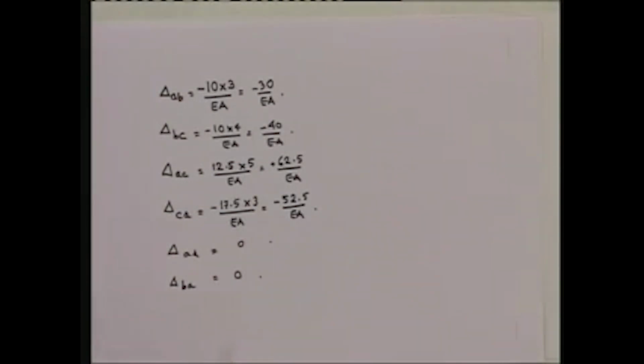Now, let me ask you this question. This is something that we always tend to forget about when we are doing structural analysis. Please note that you have to have dimensional consistency. Here, I have said that all the EA values are the same. I have not explicitly stated the EA value. What are the units of E?